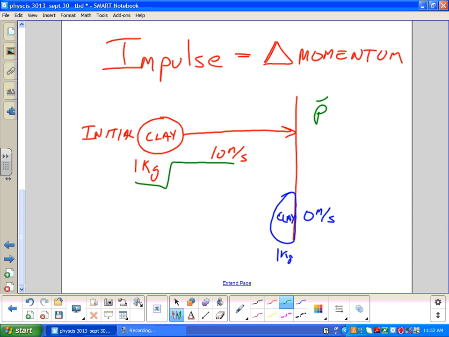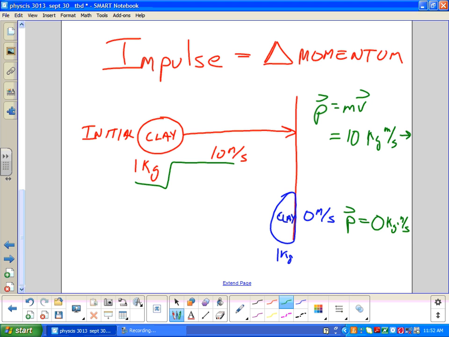Just P equals mass times velocity. 10 kilogram meters per second to the right. And what's the momentum after it's stuck to the wall? 0. Guys, the velocity is 0. All the energy is gone. It's gone somewhere else. It's not in the clay anymore. Good point. It's never destroyed. That's probably a bad way to say it. You're right.